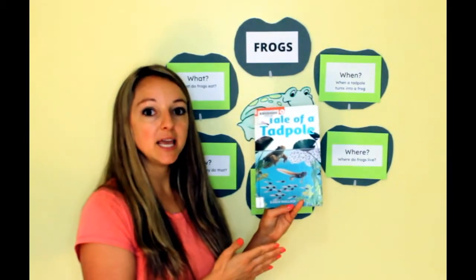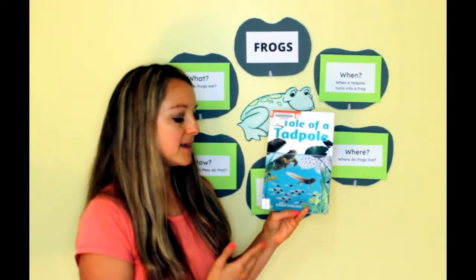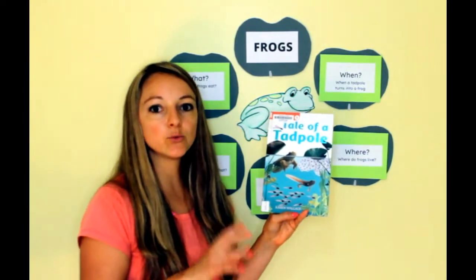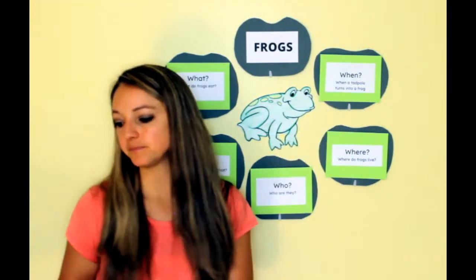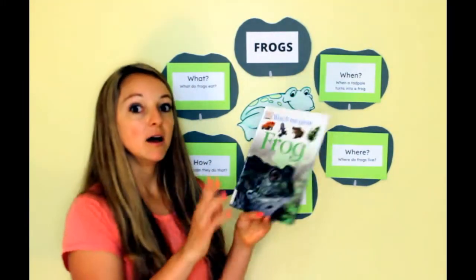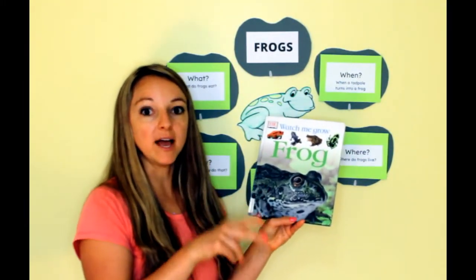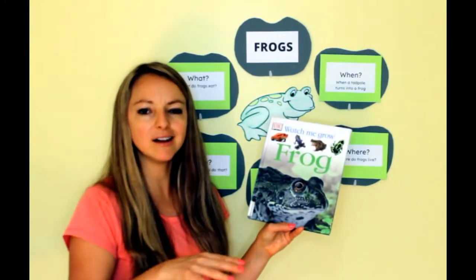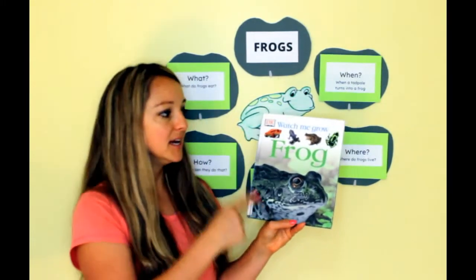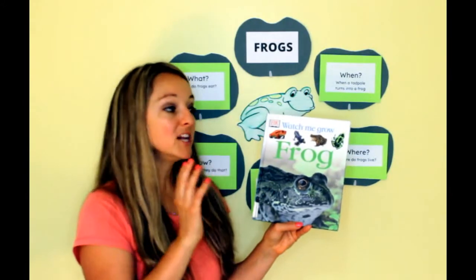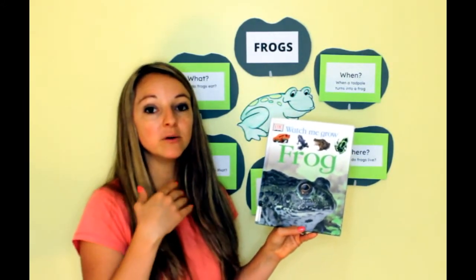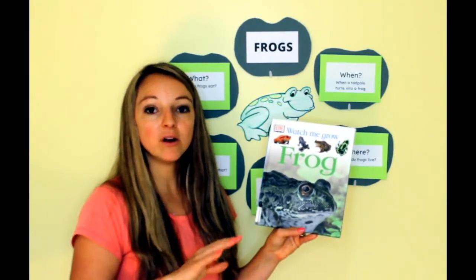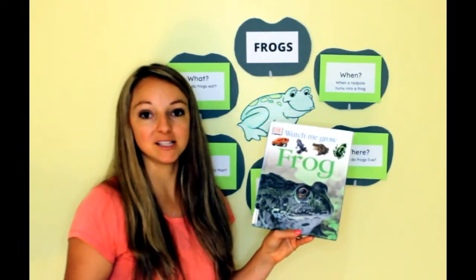This one, A Tale of a Tadpole by Karen Wallace, is great about the life cycle of a frog. Another good one for the life cycle of the frog and all kinds of other interesting facts is this one, the Watch Me Grow series on frogs. This one goes through not only the life cycle of frogs, but all kinds of other interesting facts about frogs.